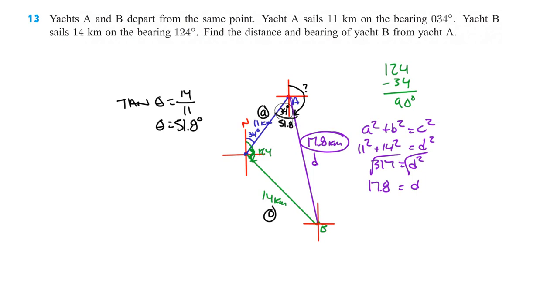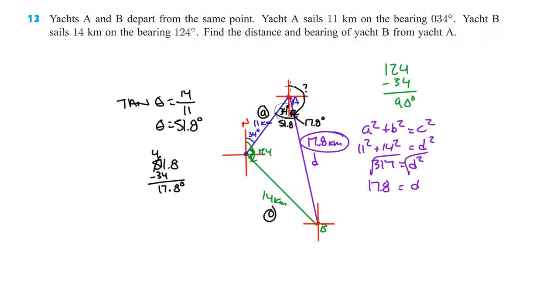But we know that from here to here, from the blue to the red, is 34. So if we do 51.8 minus 34, that gives us 17.8 degrees. So this little sliver right in here is 17.8 degrees.